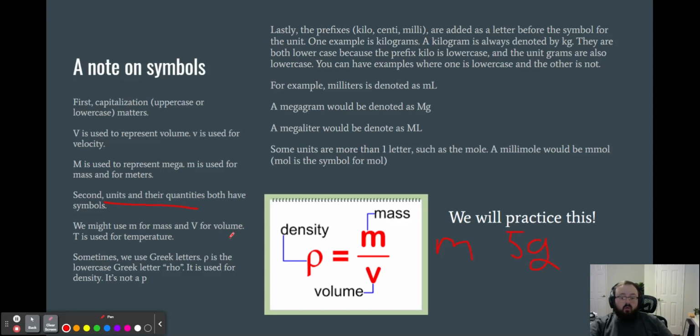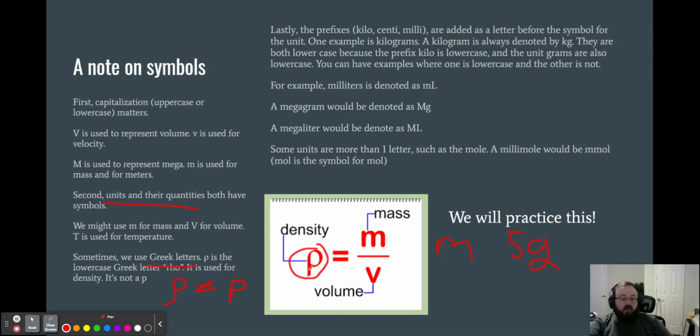Some of the symbols we're going to use are Greek letters. Example, density. This is the Greek letter rho. This is a lowercase Greek letter rho. It is not a P. It's kind of drawn like that sometimes, but it is not equal to a P. It's rho. It actually is an R sound.